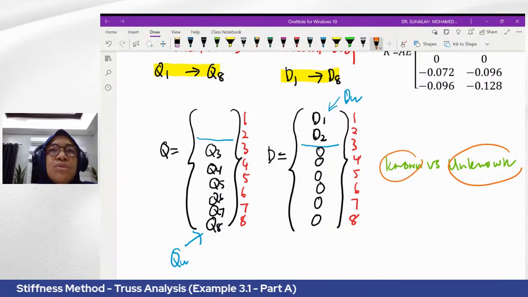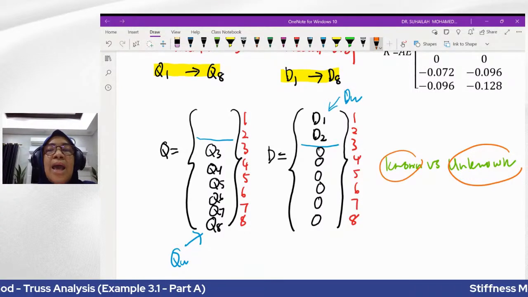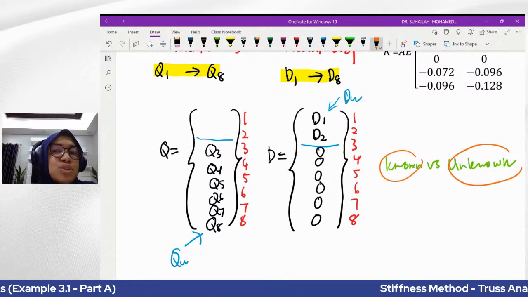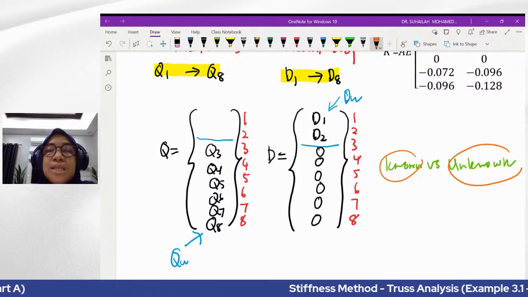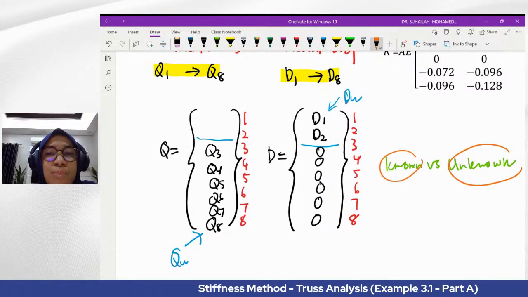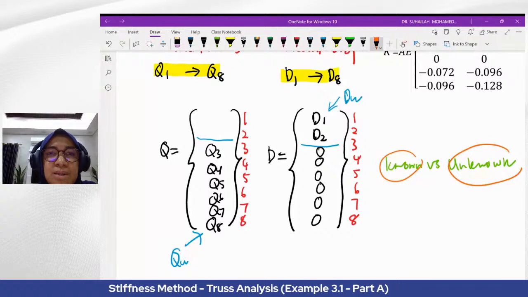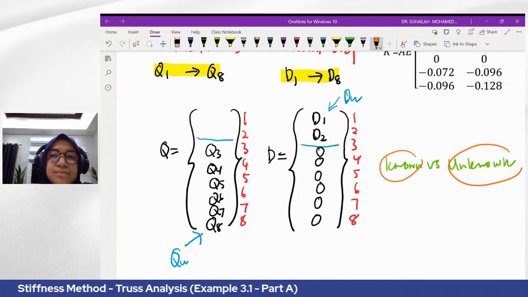And the known value for displacement at position 3 until position 8 will be 0, because there's no movement, there's no displacement at the support.